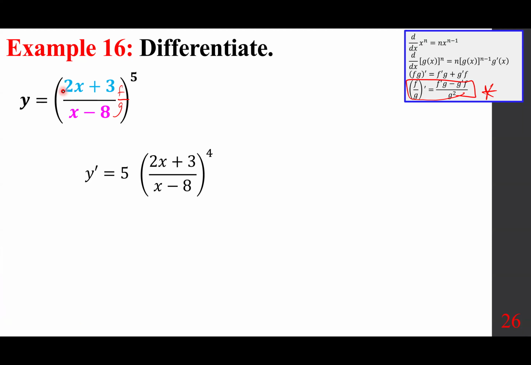f prime is 2 times g, which is x minus 8, minus g prime, which is 1, times 2x plus 3, over g, x minus 8, squared. Put it in parentheses, and square that.